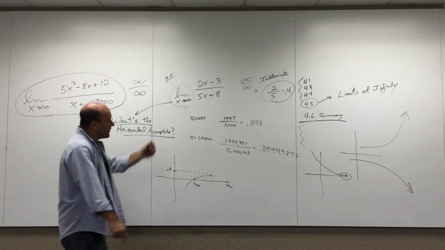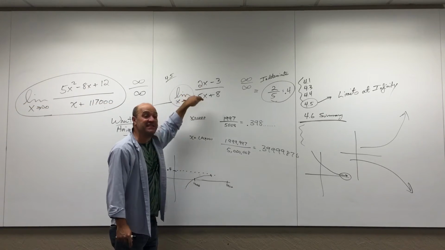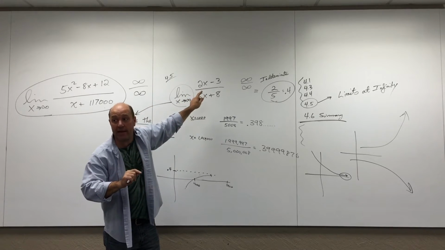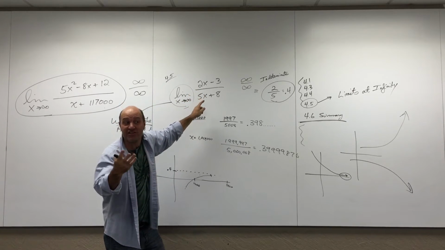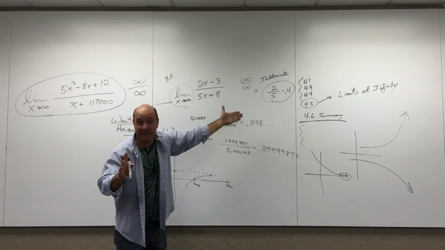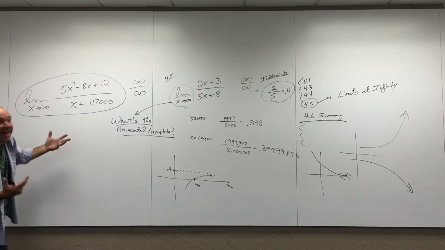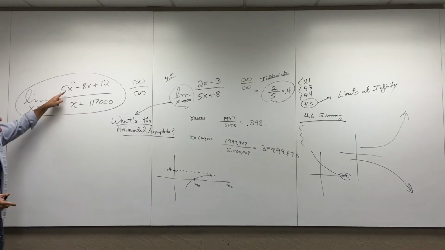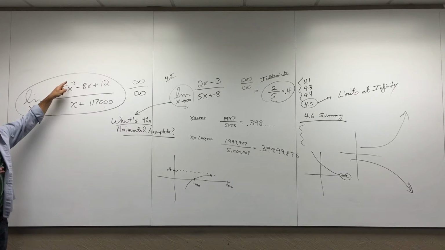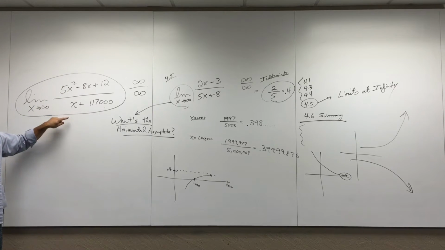But the difference is, on the last one, they're kind of the same size infinities because they were both degree 1. And so it was the ratio of the 2 to 5 that was the answer. On this one, they're not the same size infinity. If you remember, this one was infinity squared. That really kicks poor old infinity's butt. Sorry for the violent metaphor.